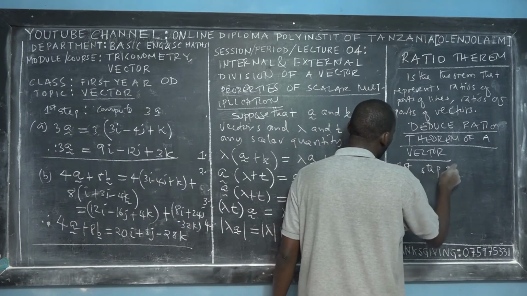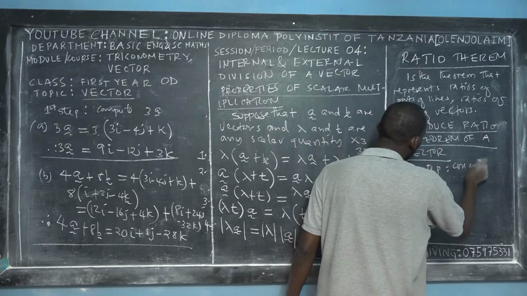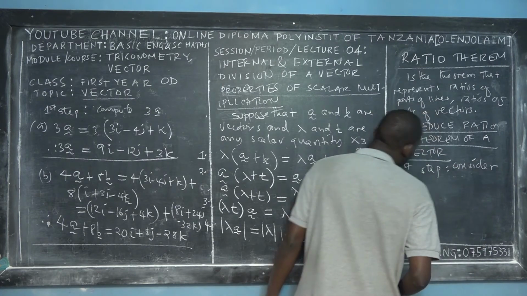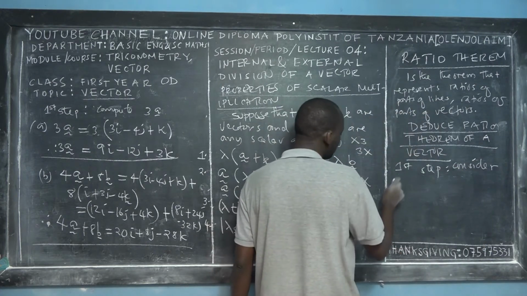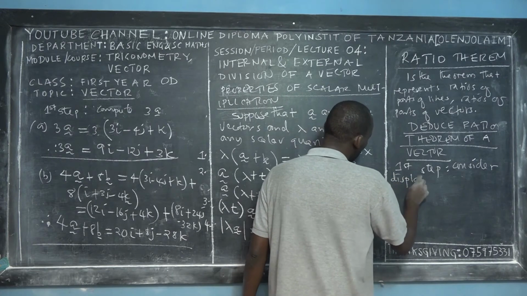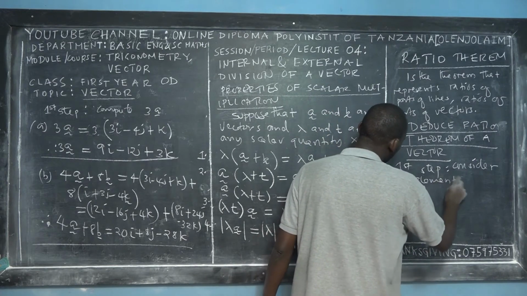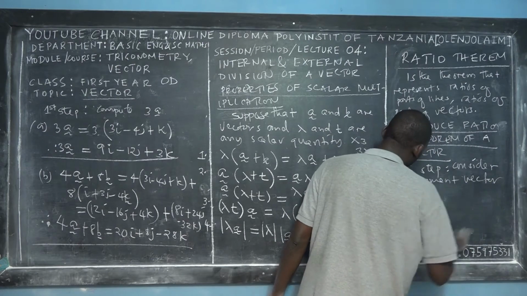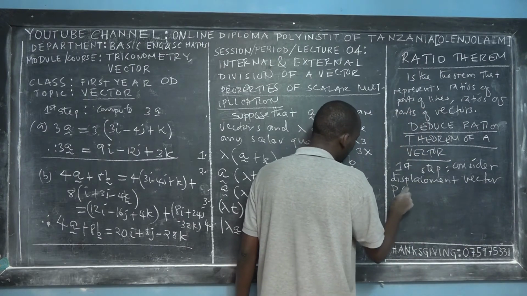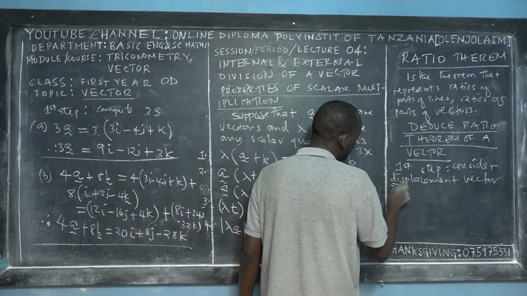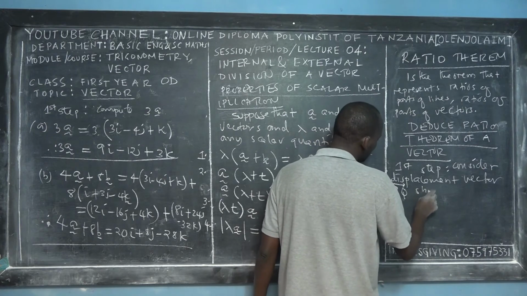The first step: consider a possible displacement vector. We know what a displacement vector means, right? Displacement vector PQ, shown below.